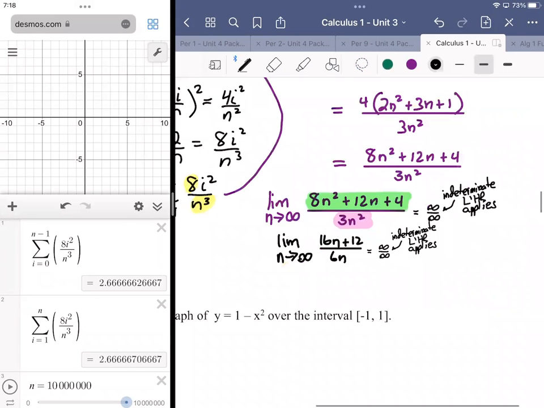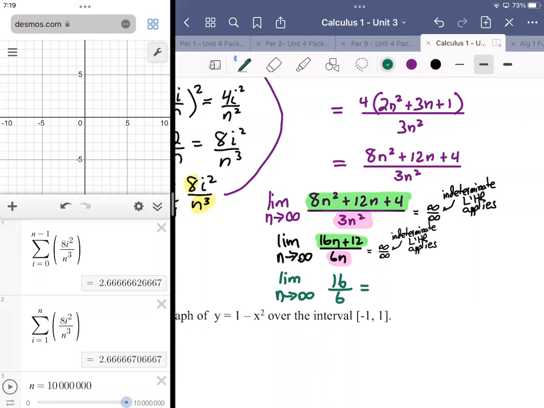All right, so take the derivative of the top and bottom separately from one another. And we'd be looking at the limit as n approaches infinity. This would be 16 over 6.